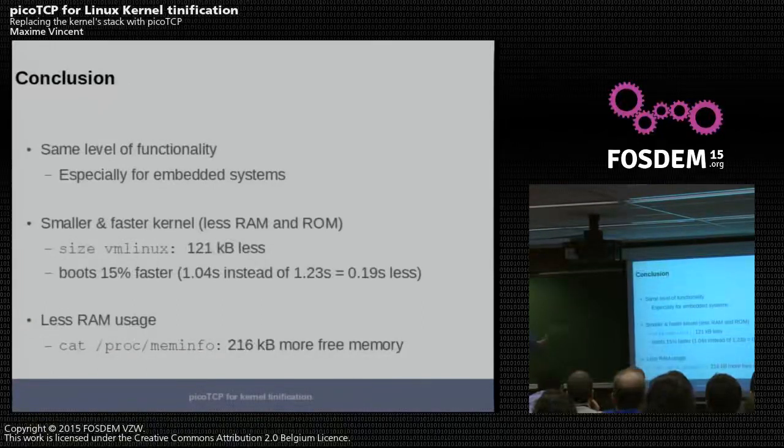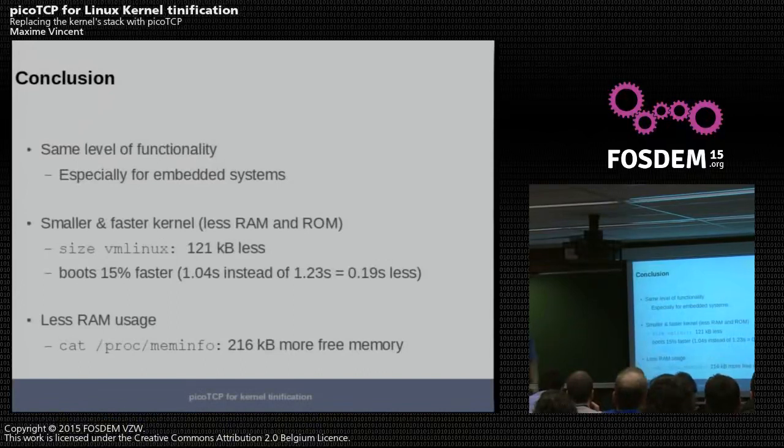You get a smaller and a faster kernel. You get less RAM usage because PicoTCP is tailored for these embedded systems, and you get less ROM usage as well because the size of the kernel is at least 120 kilobytes less. And the boot time I measured here is about 15% faster. It was already pretty fast, but now it takes 1.04 seconds instead of 1.23, which is also nice.